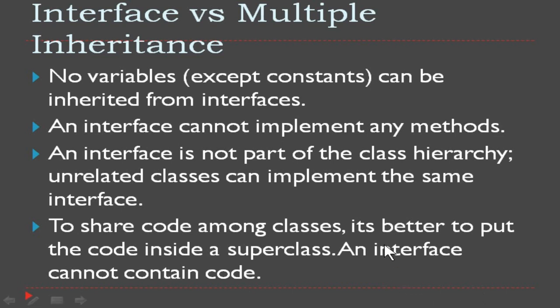To share code among classes, it is better to put the code inside the superclass, and an interface cannot contain code. So that's what we already discussed. We cannot have any code in the interface. You can have a parent class where you can have the code like the previous one, AreaCircle, and you can have another subclass so that you can access the parent class and you can execute the code.